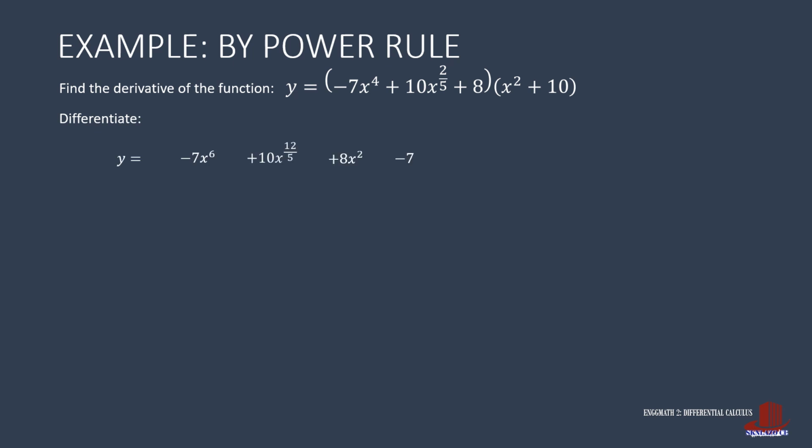Distribute d over dx to each term in the function. Then note that d over dx of 80 is just 0. Next is to move all constants before the derivatives.